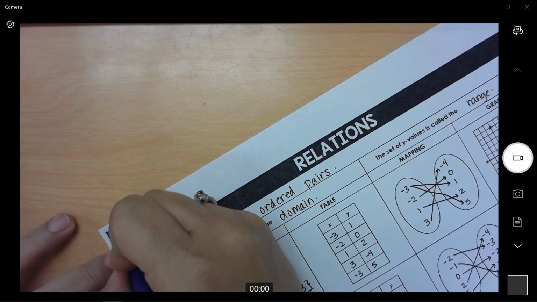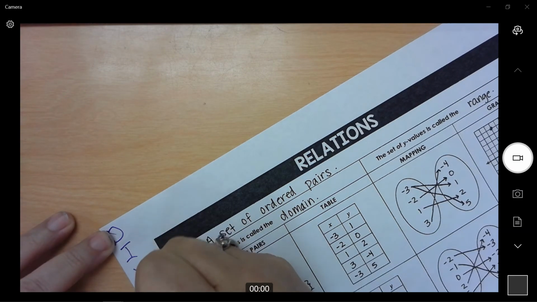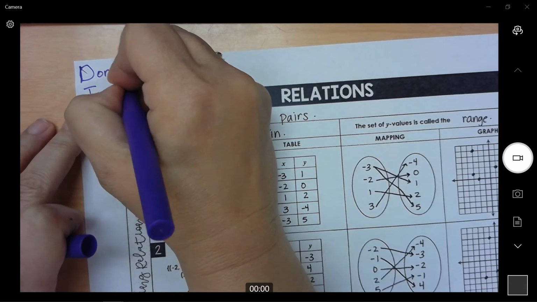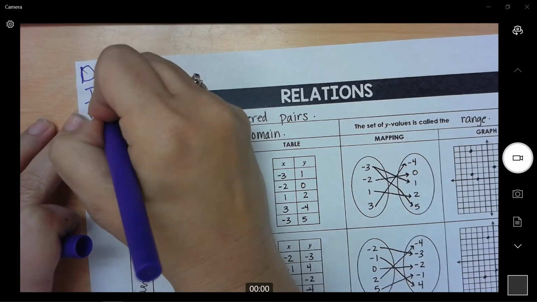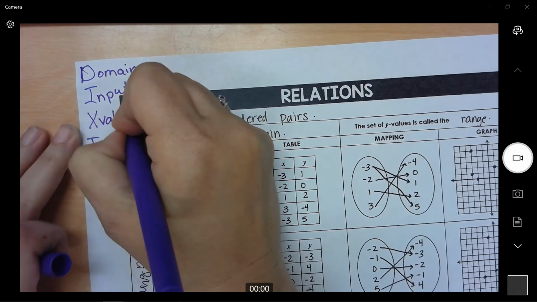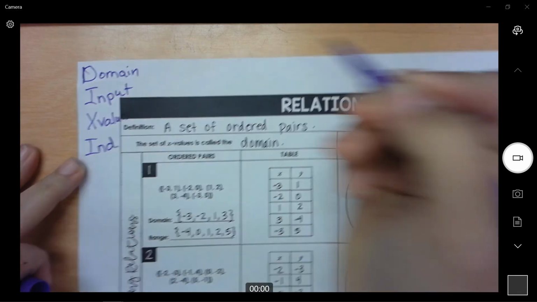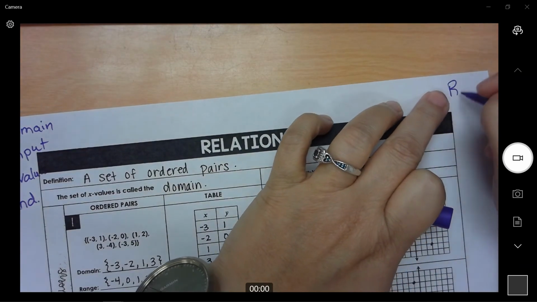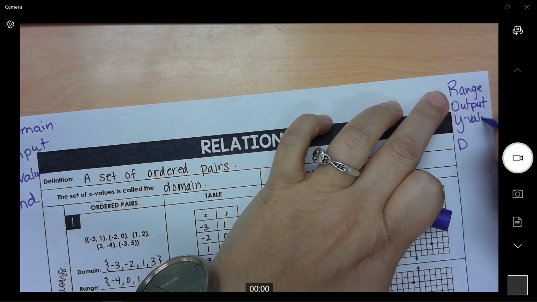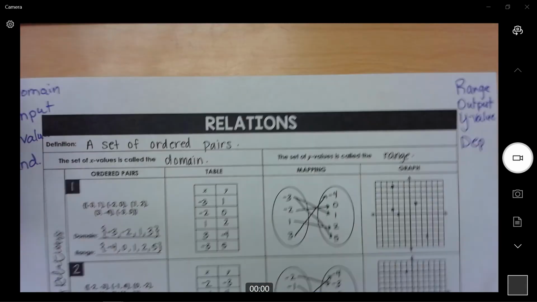D-I-X-I. So Dixie is domain, input, x values, and it's the independent. Roy is the range, the output, the y values, and it is dependent, like you are to your parents to take care of you.